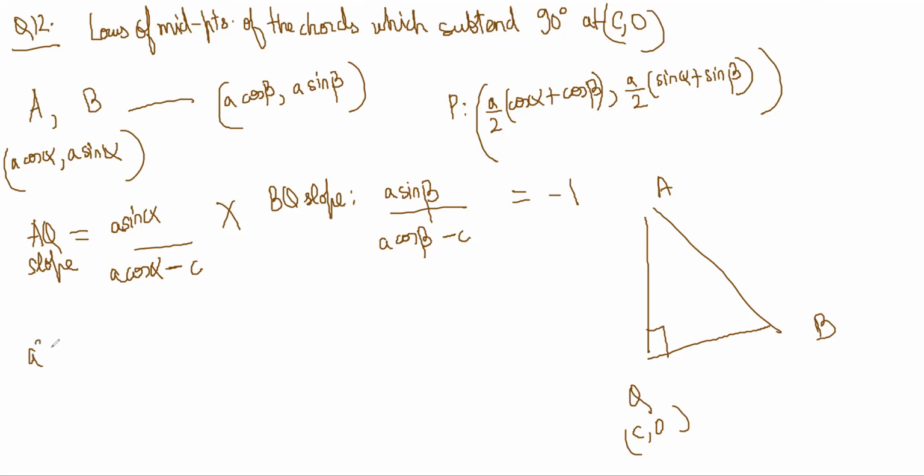You get A square sin alpha sin beta equal to minus of (A cos alpha minus c) and (A cos beta minus c).